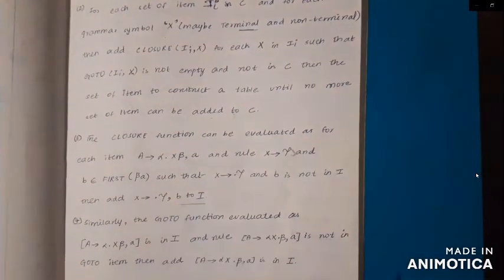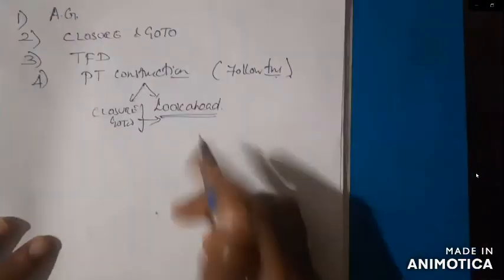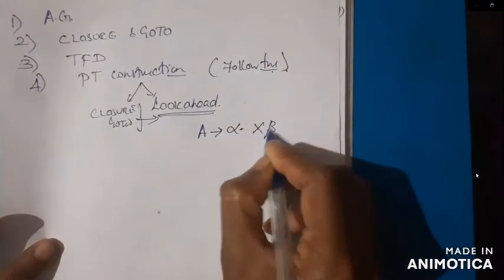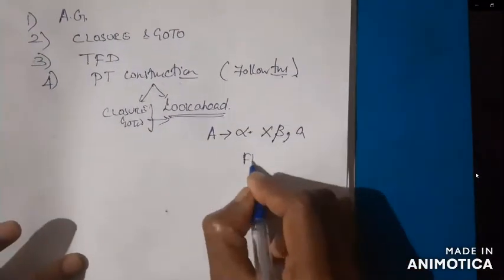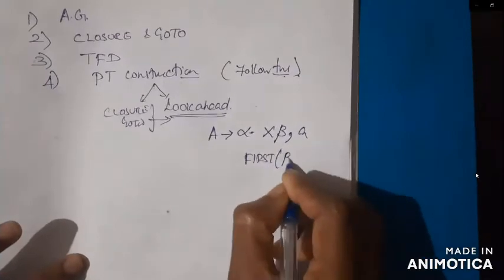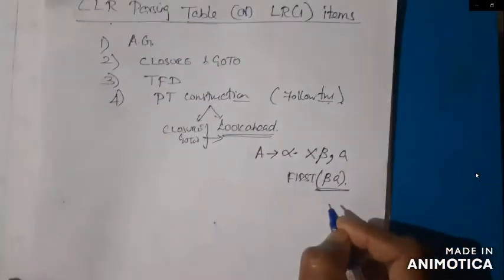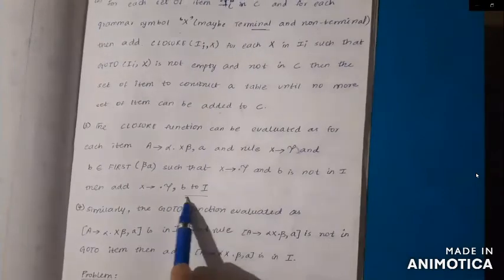A tends to alpha dot X beta, comma a: here you have to check the first of beta a. Based on these rules only you have to check.